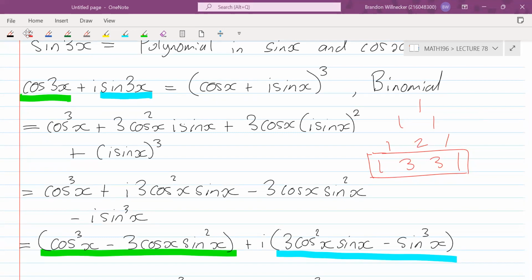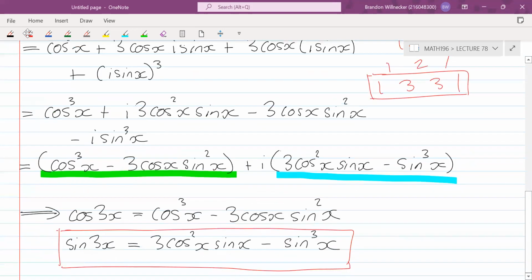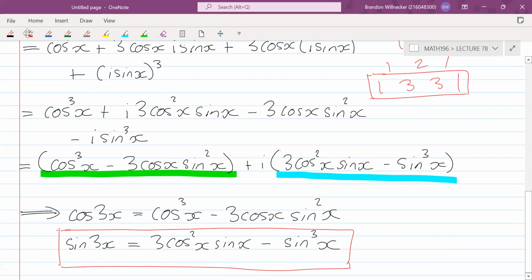And then depending on if we're looking for cos nx or sine nx, we pick the appropriate part. So if we're looking for cos nx, we would take the real part of the right-hand side. If we're looking for sine nx, we would take the imaginary part of the right-hand side. Here we were looking for sine nx, so we took the imaginary part, and we've got that in the box there.